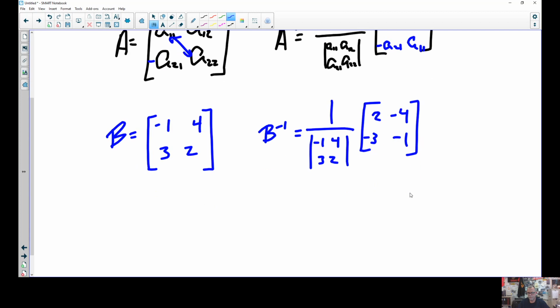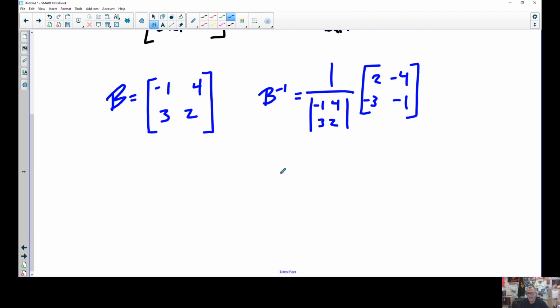So now, our B inverse matrix, this is going to be -2 minus 12. So that is a -14. So it'd be 1 over -14 times 2, -4, -3, -1.